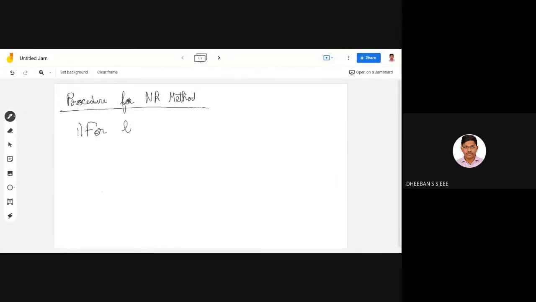Generally, your PI will be specified, and your QI will be specified.